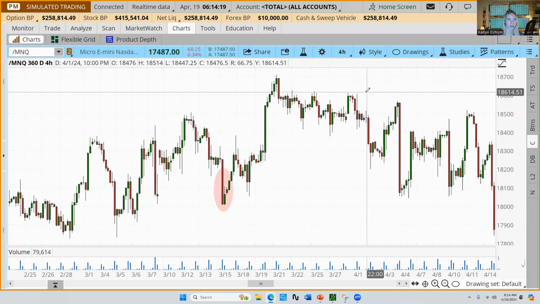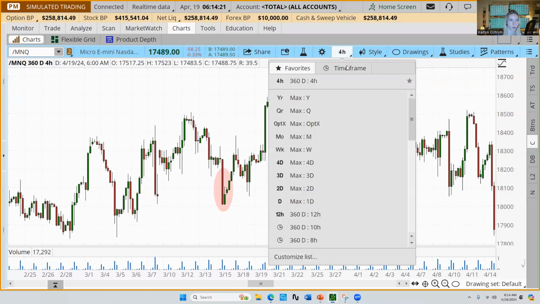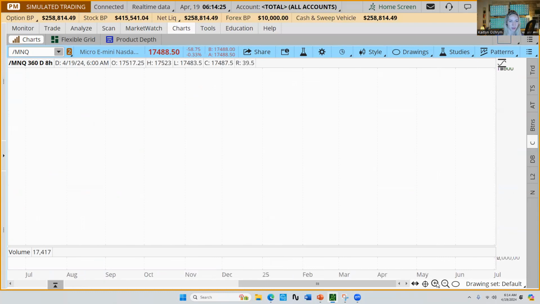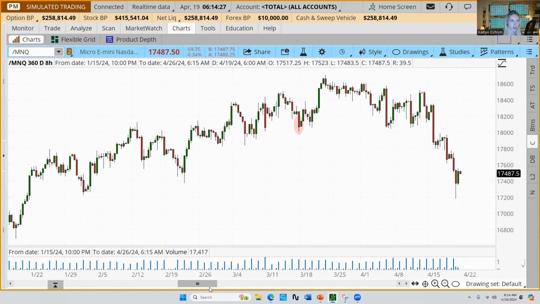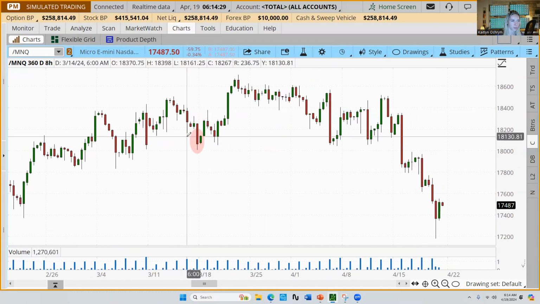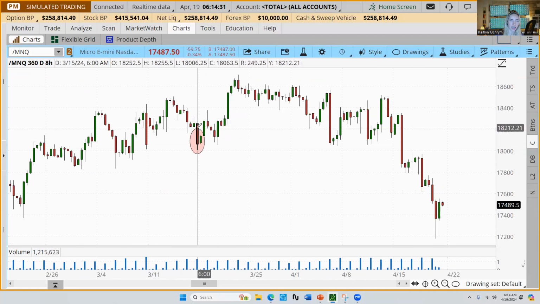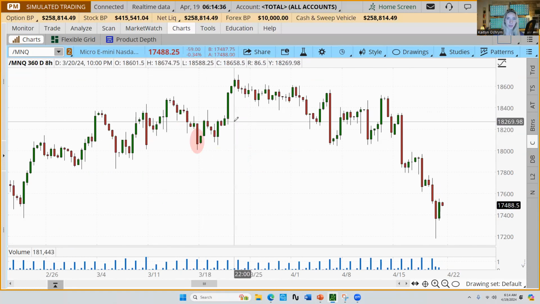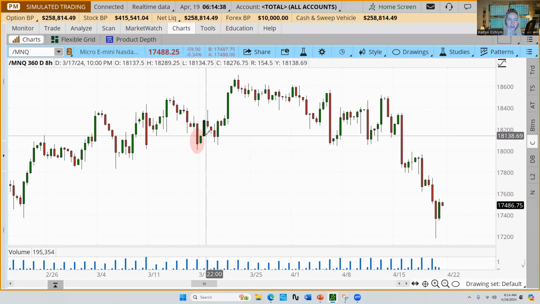So that pivot point, if you go up in time frame, say from a 4 hour to an 8 hour, let's start there. So it still looks pretty much the same. As we go up in time frame, we see fewer candles, less detail. So we need to interpret the information a little differently.